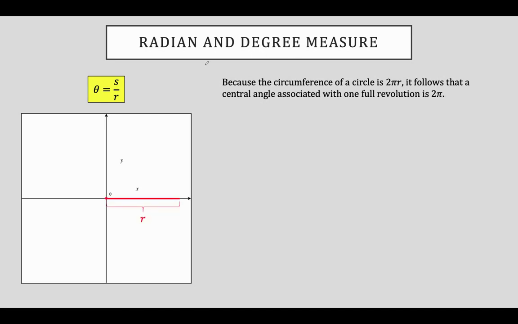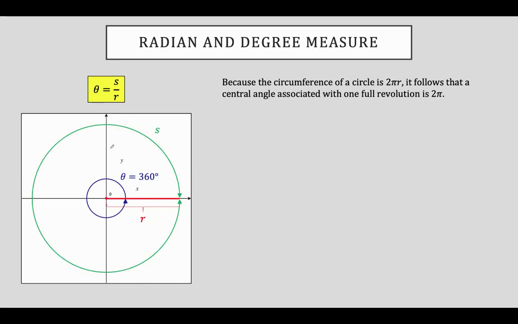If you were to take circumference, that's a measure of arc length of a full circle, 2 pi r, and divide it by r, well, the r's would cancel out, leaving you with 2 pi. All right, so 360 degrees, one complete revolution, that is going to be equal to 2 pi radians. The measure of that angle is 2 pi radians. One revolution equals 2 pi radians, or the equivalent of 360 degrees.